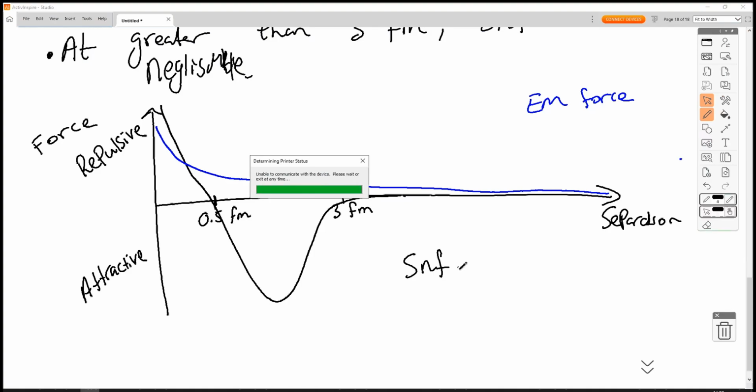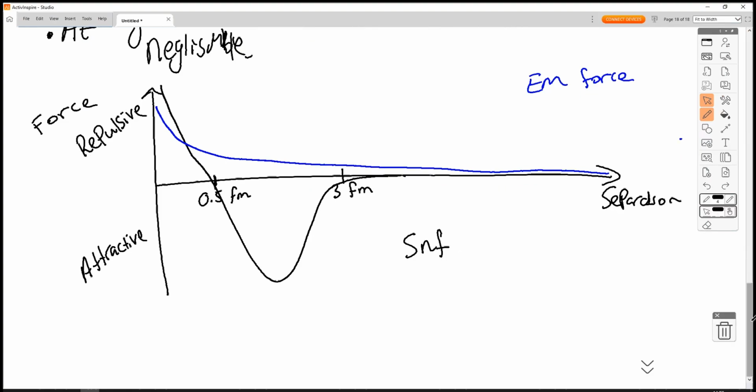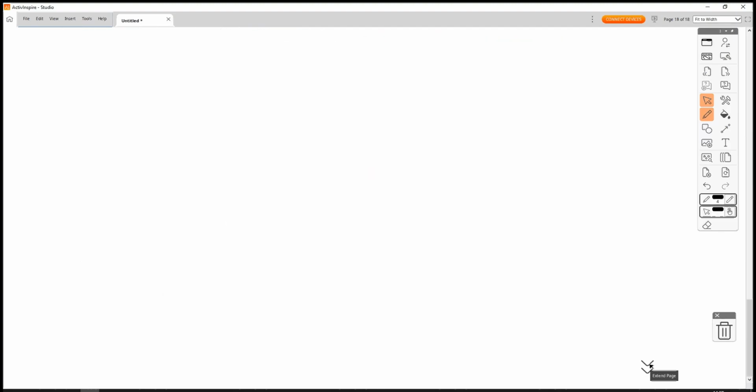Yeah? So, if we imagine what happens. Let's start with one proton and another proton.